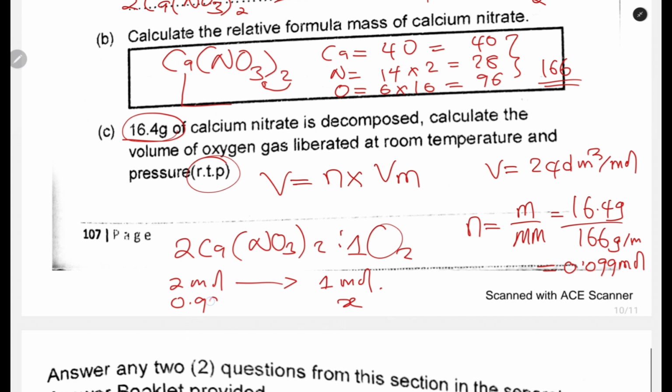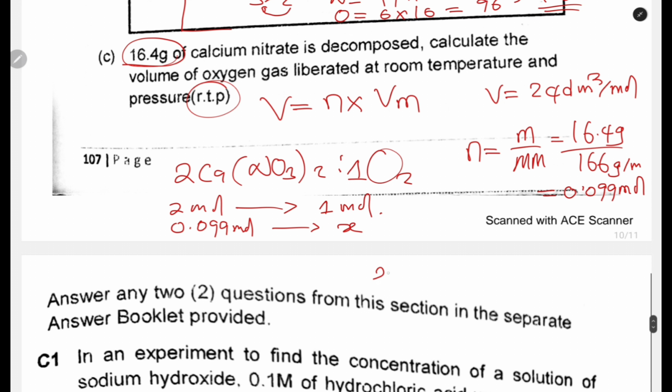0.099 mole. What will be of oxygen? Then we cross multiply. So x is equal to 0.099 divided by 2 mole. And you're going to find 0.0495 mole.